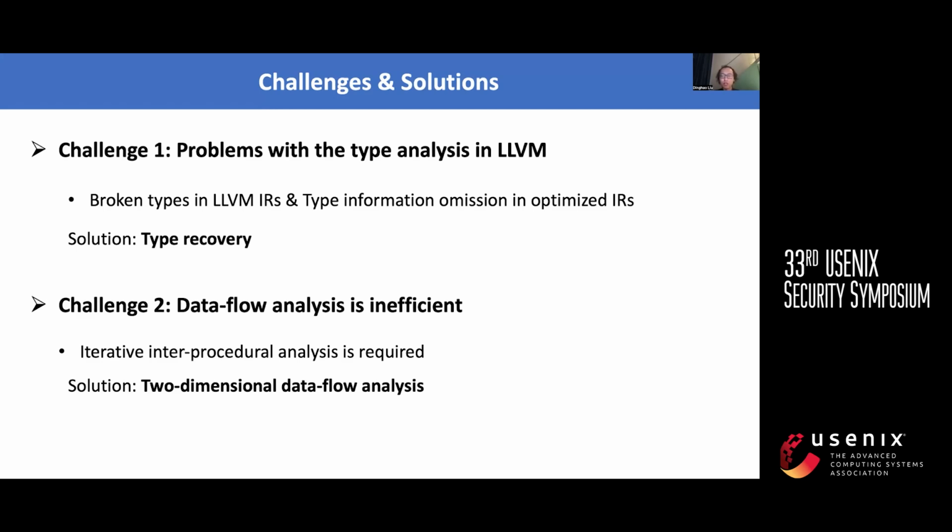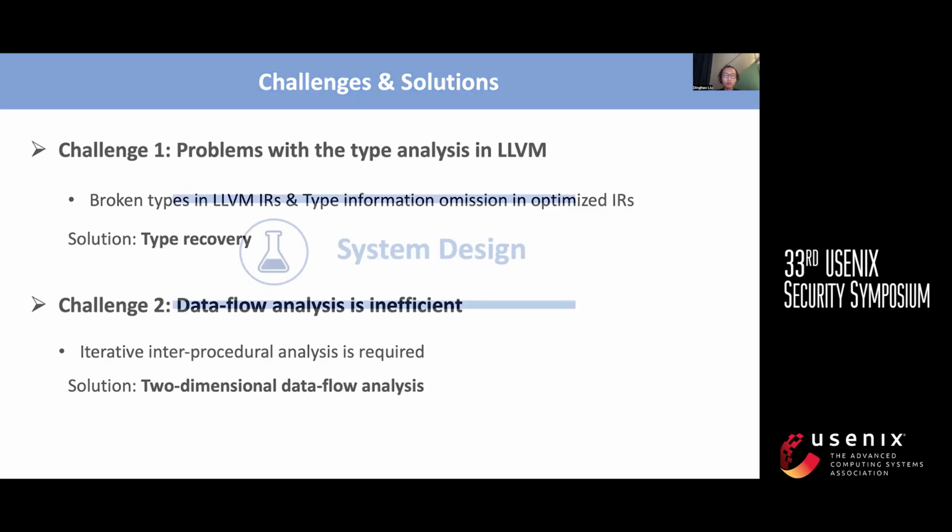Maybe the compiler just discards some unnecessary information in code generation from its perspective, but it influences the type-based analysis on LLVM IR. Another challenge is how to make the data flow analysis efficient and effective. To address the first challenge, we propose type recovery, and to address the second challenge, we propose the 2-dimensional data flow analysis.